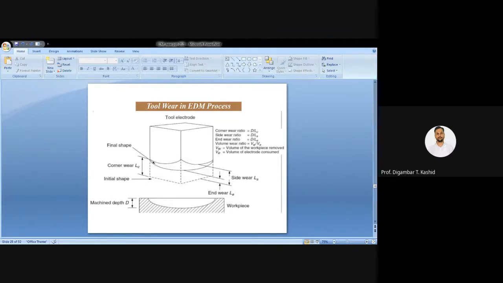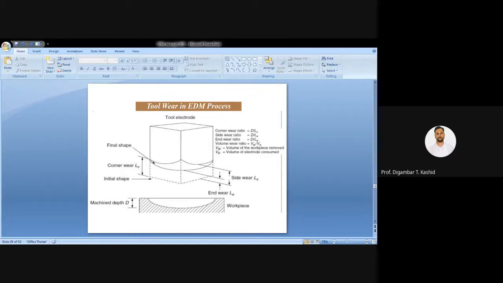This is your tool, and you can see at the corner we have different wear. This is a corner wear. There is an end wear also, here you can see. Then we have the side wear.